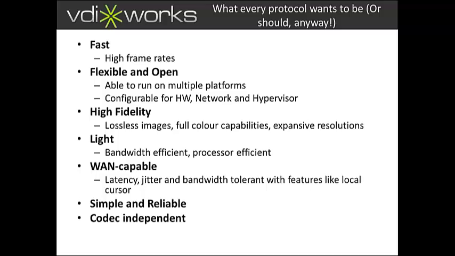So whatever my latency is between my endpoint and the server, you can multiply that by 2, and that's how long I will have to wait for the cursor to update, and that's simply not acceptable because the cursor starts to feel like it's lagging. So you need to have features like local cursor for immediate movement.